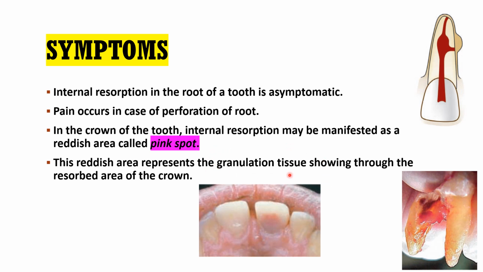Now what is granulation tissue? It is nothing but a vascularized tissue, and you see granulation tissue whenever there is some injury occurring. It is like the body's attempt to repair. So in this, the body was trying to repair it, so instead of dentine, granulation tissue is covering that area, and because of that you see this pink spot.